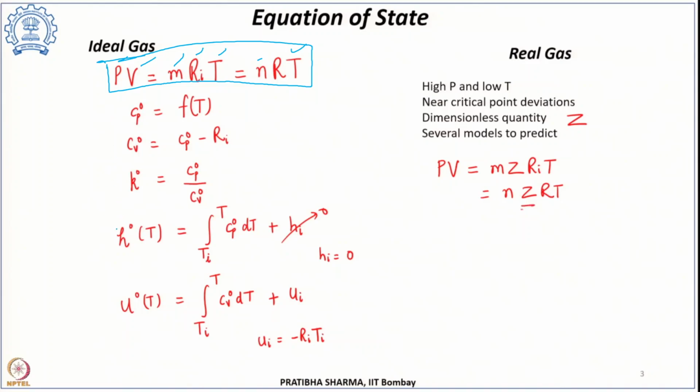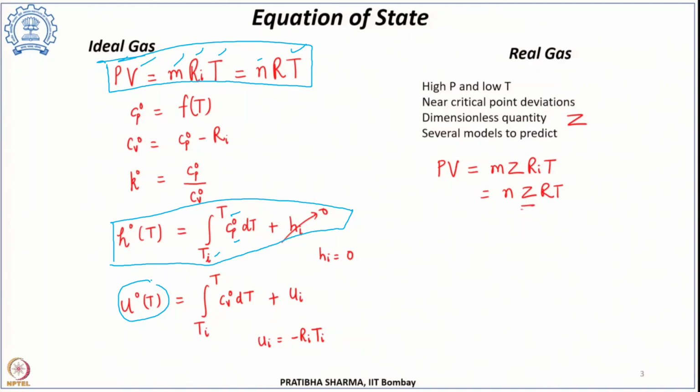You can find out the enthalpy H, which is a function of T. For the ideal gas, if you integrate from the initial temperature to the final temperature, Cp, the specific heat at constant pressure, multiplied by dT, gives the enthalpy.